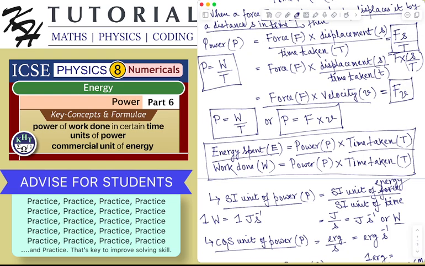And the fundamental definition of power is work done divided by time taken to do the work. So P is equal to W by T.